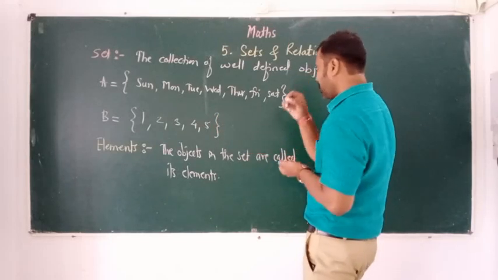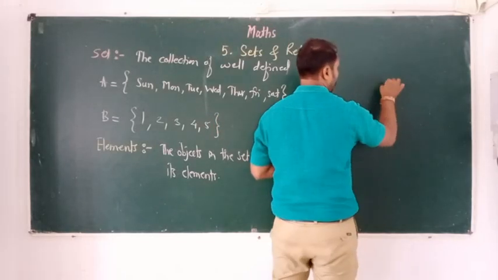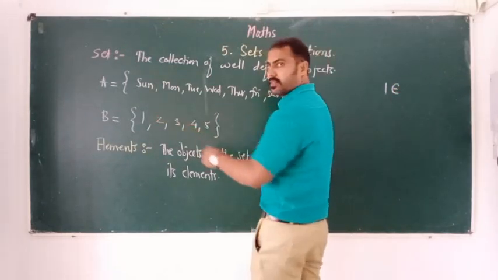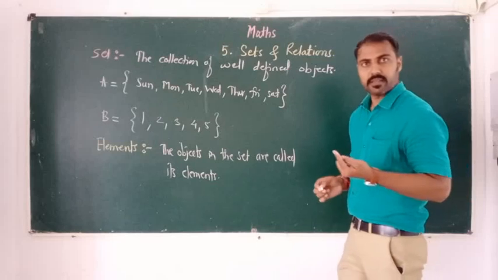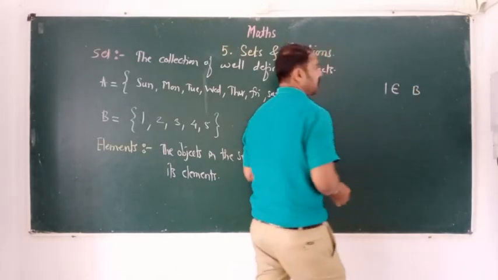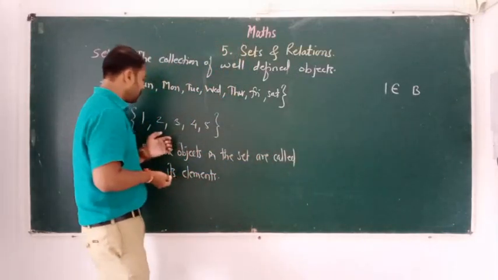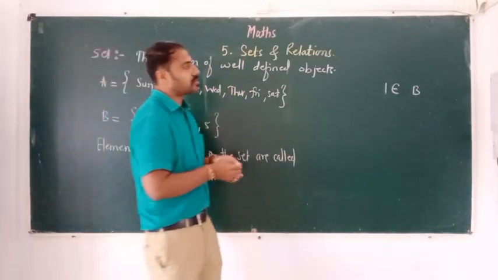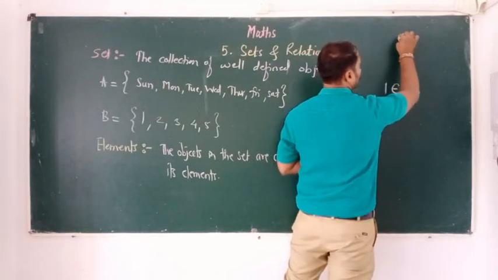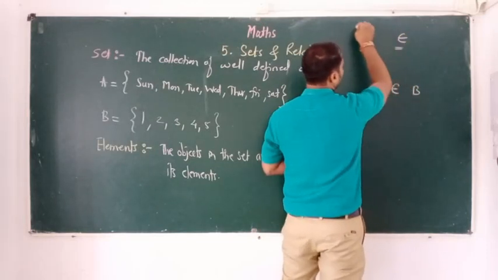So 1 is in B. So I can write 1 belongs to B. If 1 is in B, then we say that 1 belongs to B. That notation is used to denote belongs.